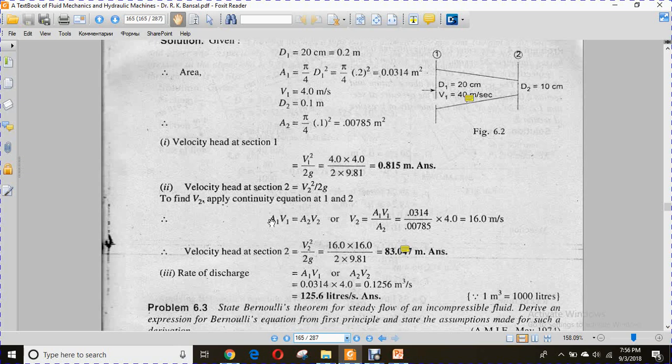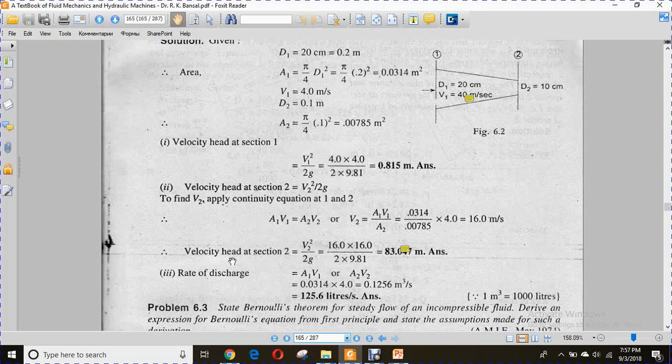We apply the continuity equation, a1v1 is equal to a2v2, meaning the product of area and velocity is always the same. By this equation we can compute v2 from v1, a1 and a2, and we find v2 as 16 meter per second.